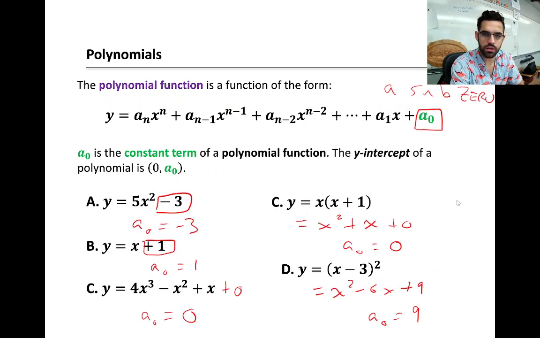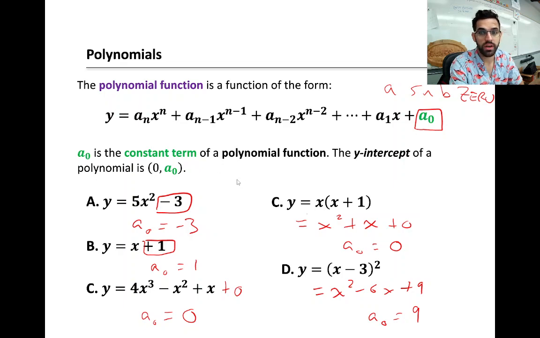Okay. Now, the very last term, a sub 0, or like a with a subscript of 0. An exponent is a superscript, it goes above, but a subscript goes below. So I say a sub 0, and that refers to that symbol right there. A sub 0 is the constant term of a polynomial function.